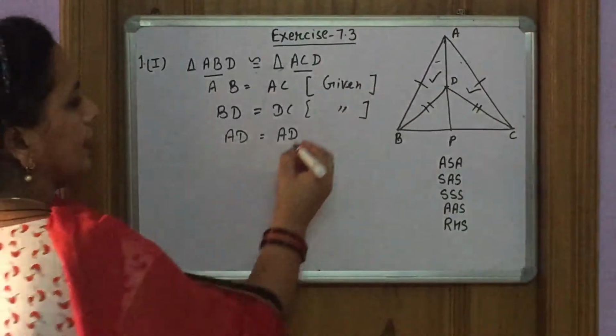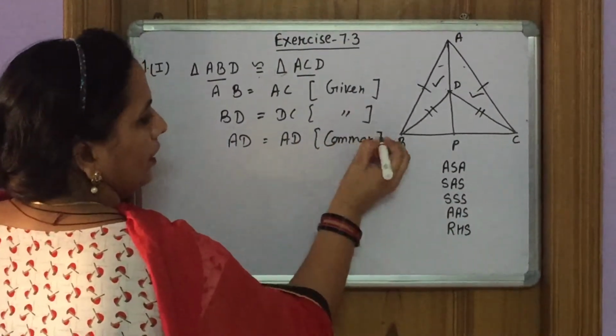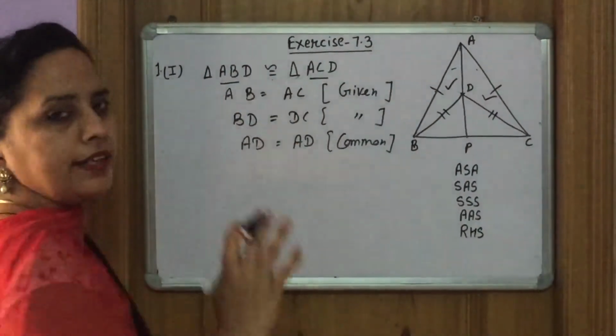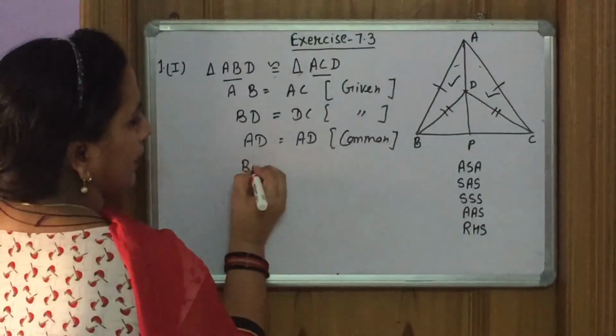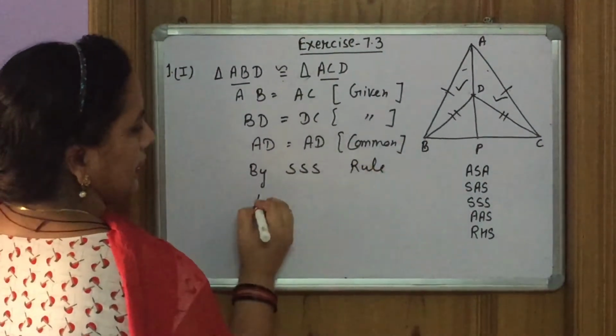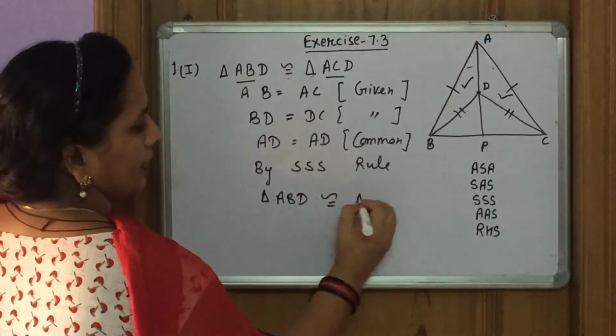So we can write here that this is common. Now try to find which rule is followed here. All 3 sides are equal. So we can say by side side side rule, these two triangles are congruent.